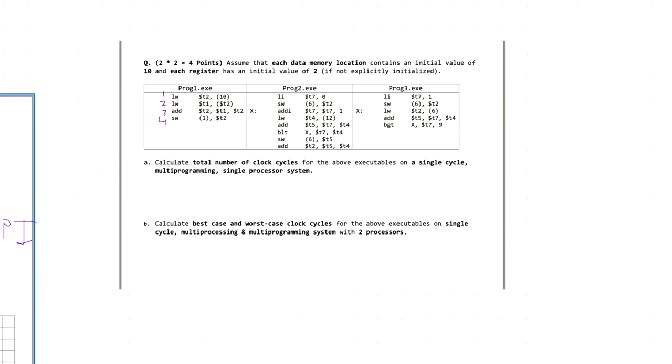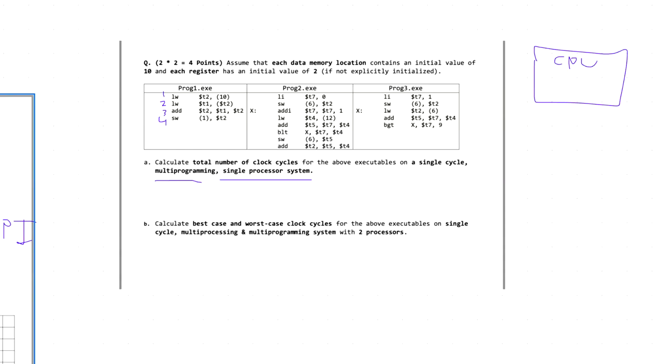But this is also saying a multi-programming single processor system. Okay. Well, here's the thing. If you have a single processor, this is your CPU. Your CPU can only fetch one thing, decode one thing, exec one thing, mem one thing, write back one thing.